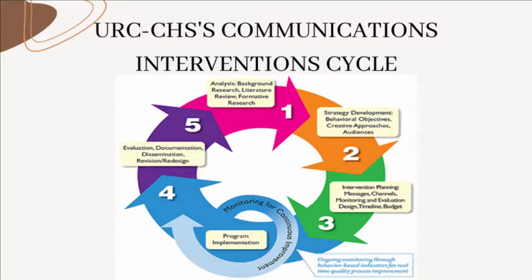Before we use strategies, we need first to check how they could be of help to our programs. According to URC-CHS, we have 5 parts of the cycle. First is the analysis. It includes the background research, literature review, and formative research.